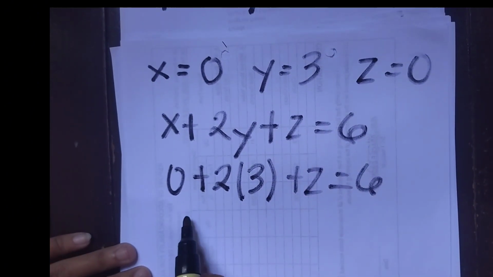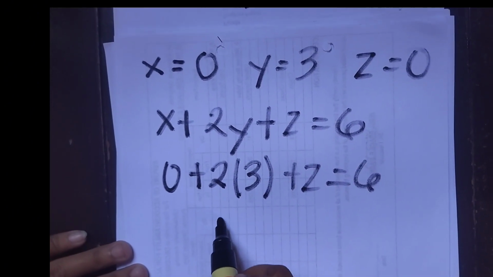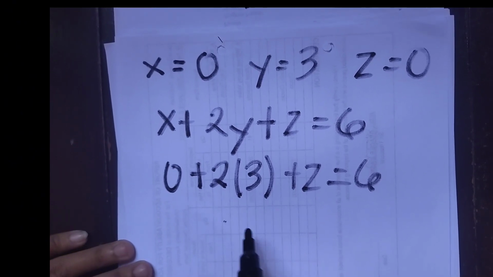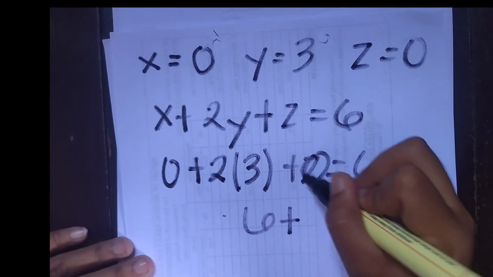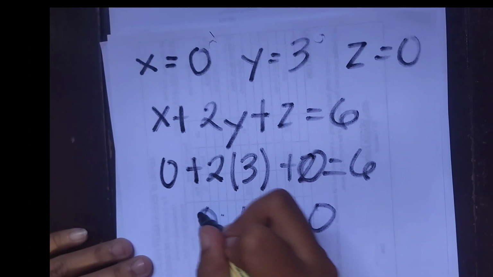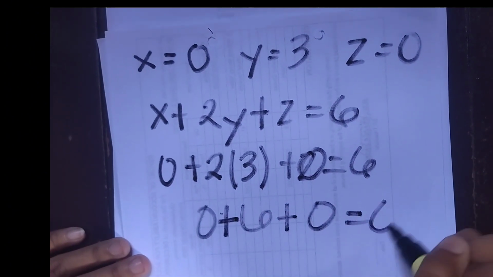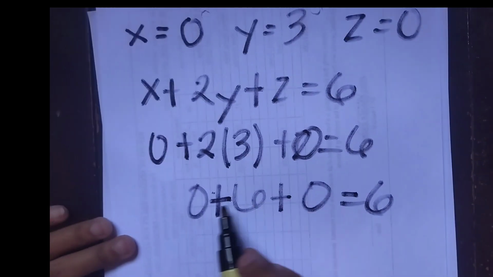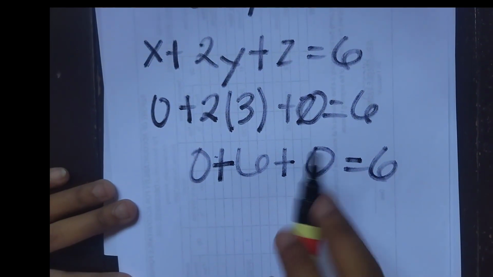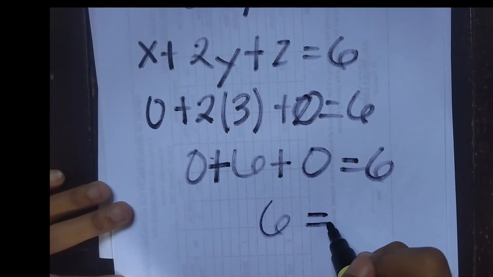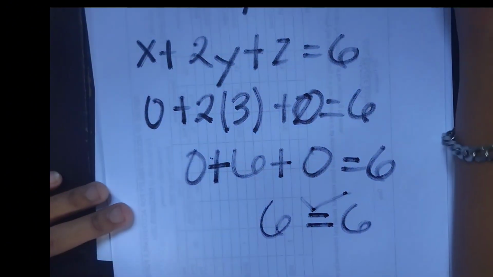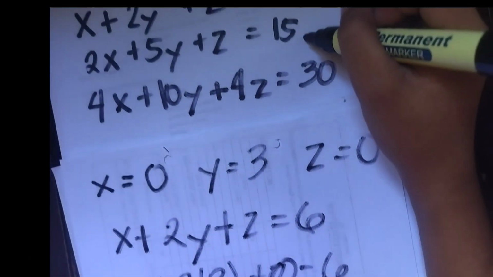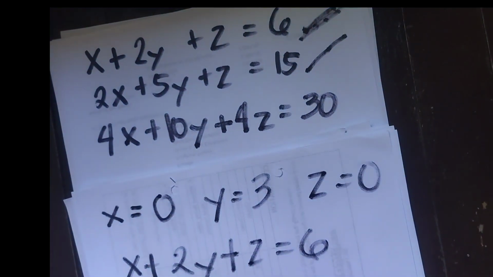So, 0 plus 2 times 3 is equals to 6, plus 0 equals to 6. So, 0 plus 6 plus 0 is equals to 6. Then, equal.